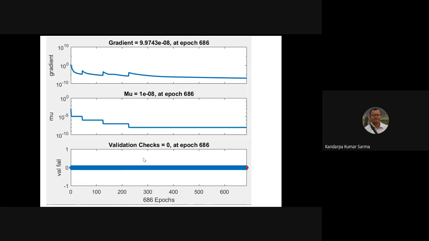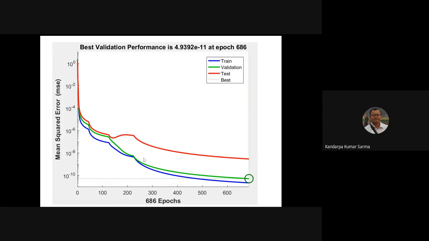Once the number of cycles required for reaching the performance goal is sufficient at the zero value, then we can check its learning curve. The learning curve shows that its convergence is quite satisfactory, and the blue colored line, that is the line generated during the training part, has a very steady convergence.